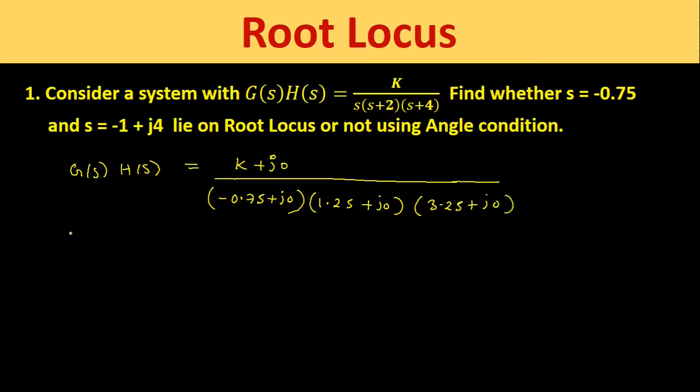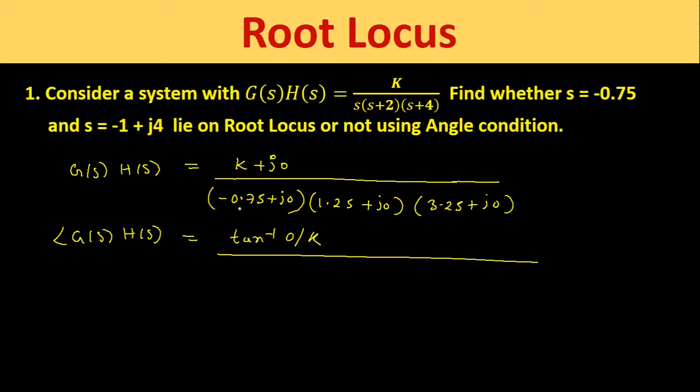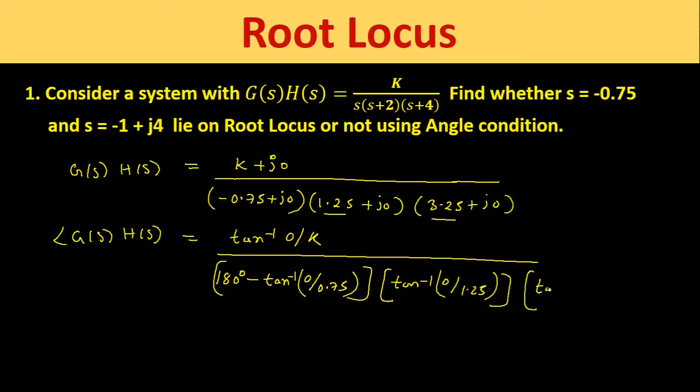Now we will find out the angle of G(s)H(s). We will get tan inverse of imaginary part divided by real part. When the real part is negative, we have to use the formula 180 degrees minus tan inverse of imaginary part divided by real part. Here the real part is positive, here also the real part is positive, so directly we can take tan inverse of imaginary part upon real part.